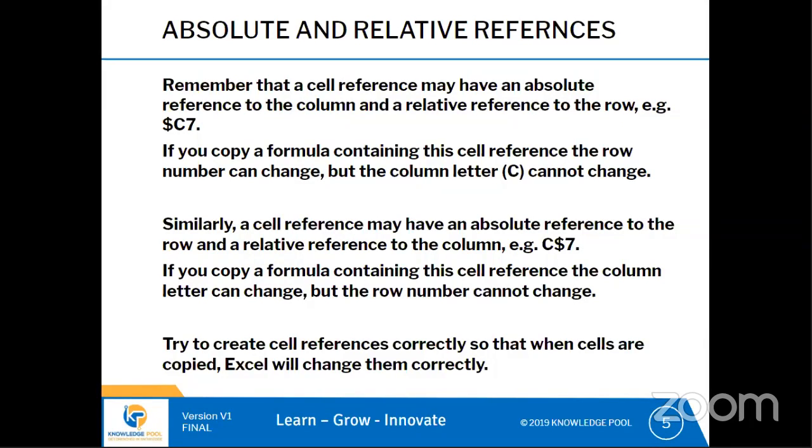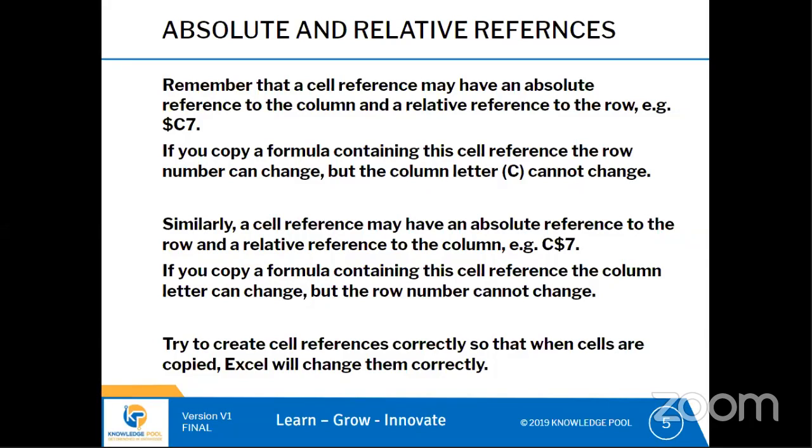So a cell reference might have an absolute reference to the column and a relative reference to the row. This is what we talked about. So if we put in $C7 and you copied that formula containing the cell reference, the row number can change. So the 7 will adjust, but the C cannot.